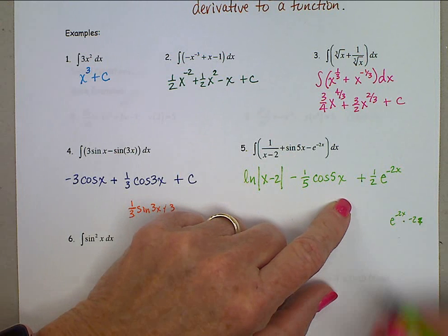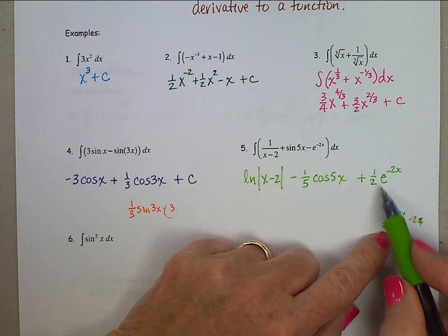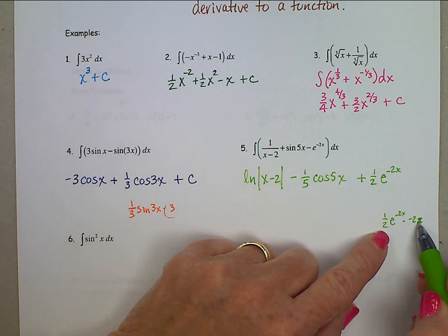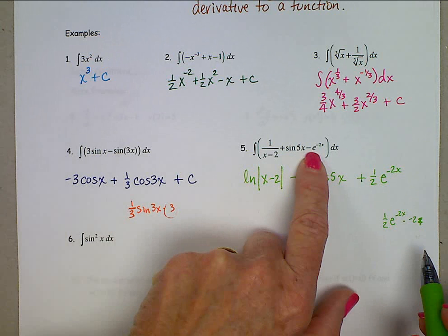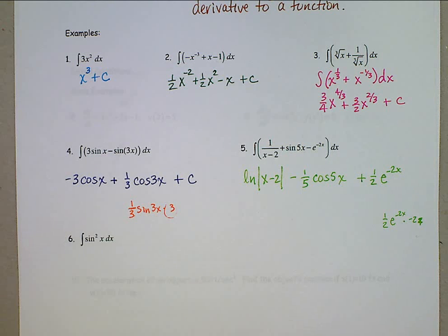So now if that half was down here, when we did the derivative of this, 1/2 e to the negative 2x times the negative 2, when you simplified, that would give you a negative e to the negative 2x. And right now we are doing this very intuitively.